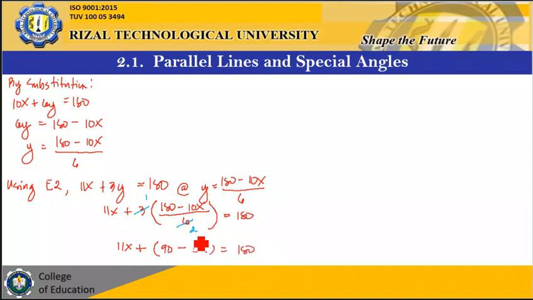Simplifying further by removing the grouping symbol, what I have here is 11x minus 5x is equal to 180 minus 90. What I have is 6x is equal to 90, and therefore this implies that x is equal to 15.